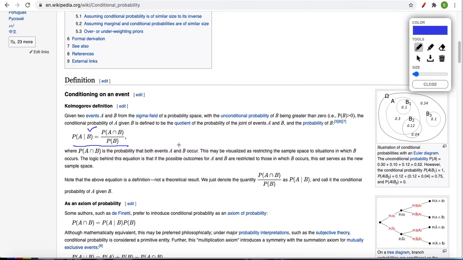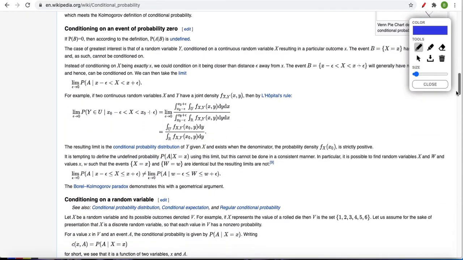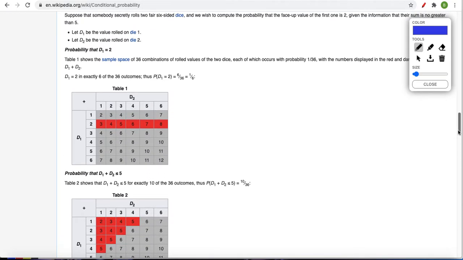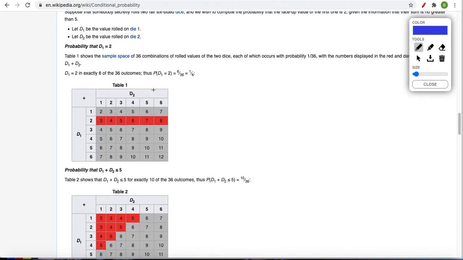With this, let's try to understand this with an example. Let's say two dice are thrown. We know that a die looks like this. There are 6 faces on this die, so two such dice are thrown.